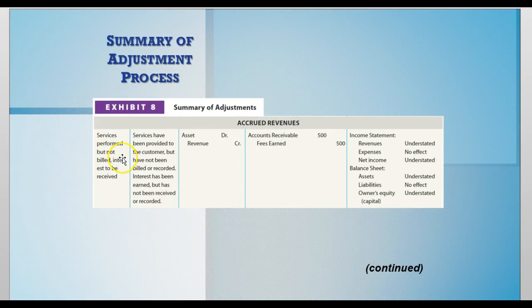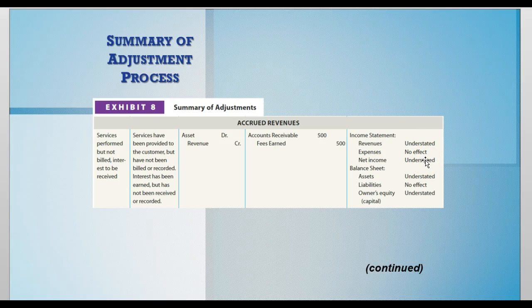So you have services that you're going to perform, and there's an understanding about it. And you perform some of those services, but you haven't billed for it yet. So now you're going to bill for it. In essence, you're going to create an accounts receivable for them, and you're going to recognize the fees that you've earned. And that sets it up. If you don't do this, your revenues will be understated.